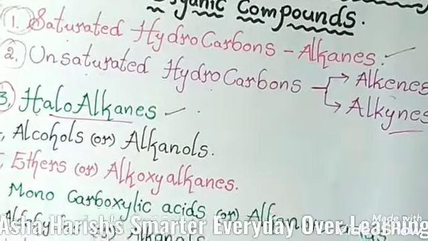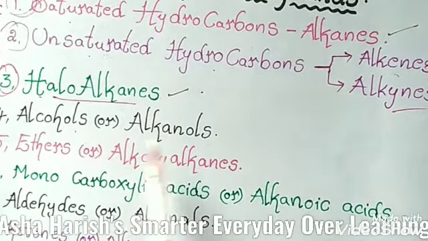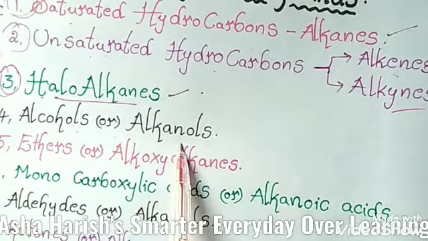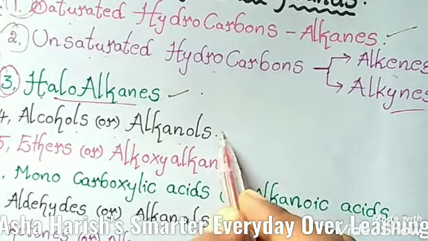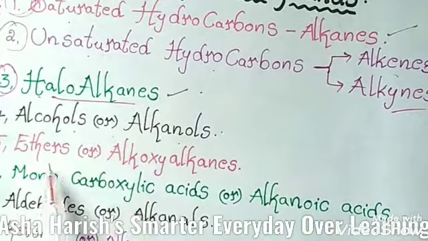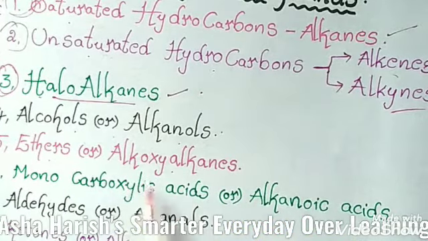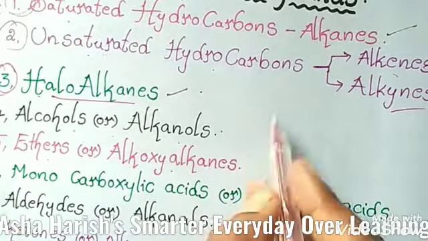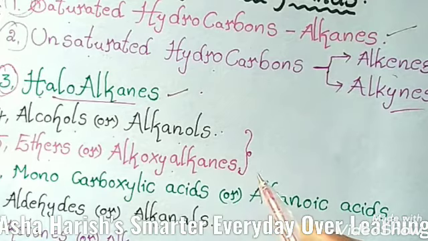In our next class I'll be teaching you about alcohols, also called alkanols, and this is a very small topic, so I need to select two topics from this, and these are ethers, or alkoxyalkanes. About these two we will be learning in our next class.